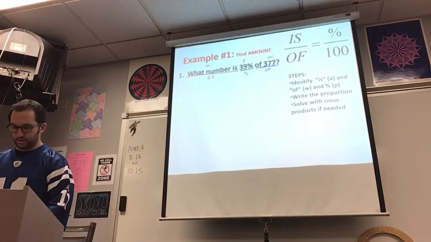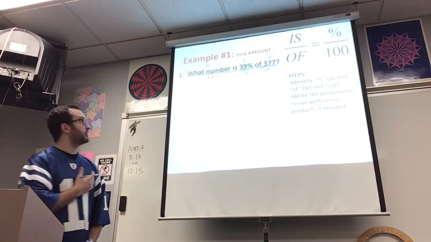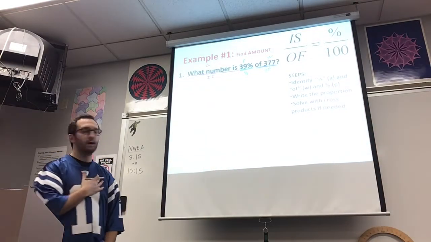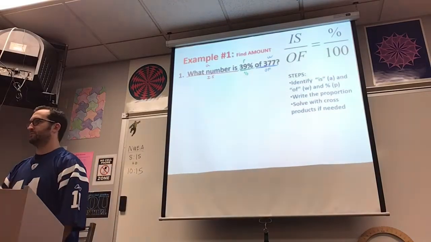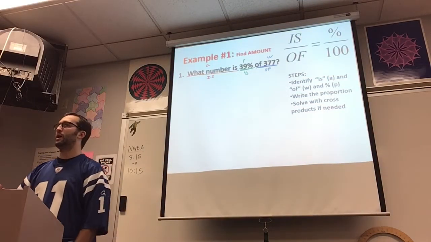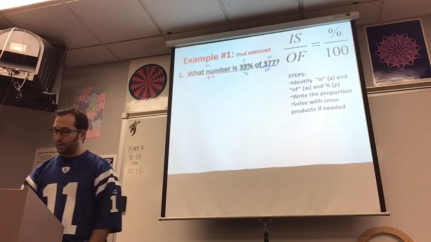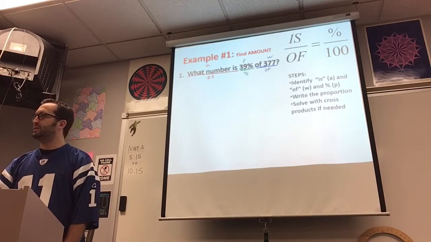Now let's write our proportion. So our proportion will look like this. Now I'm going to use the variables when I write my proportion, the A, the P, and the W, just because it will help you when we do the equation. So what number? So is would be what? Do we know is?